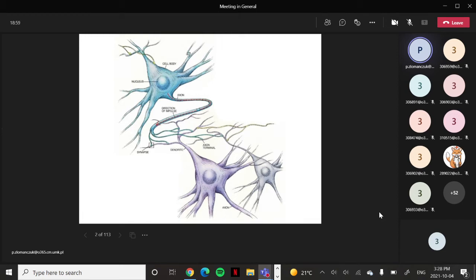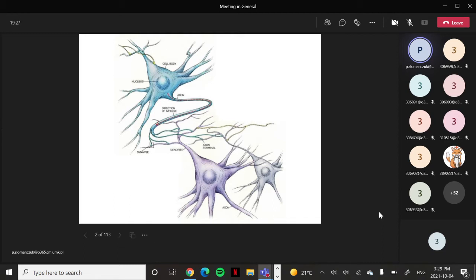We know that the singular axon is responsible for conducting or spreading this information, usually to places far away from the cell body. And the structural elements of this organization of the neuronal structure suggest what is the function of the cell body.